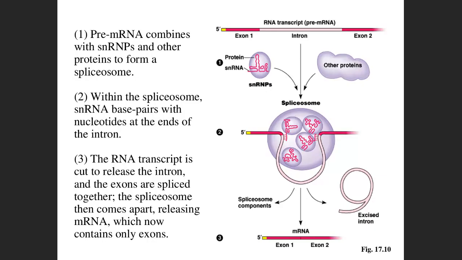So eukaryotes have a way to add some more variation to their genome without adding more genes. So one gene could potentially code for multiple protein or polypeptide products. Prokaryotes can't do this, right? So they have to have a specific gene for every protein product they're making. But eukaryotes maybe just have one gene and produce 3 different protein products from that same gene. So instead of needing 3 genes, they just have the one.